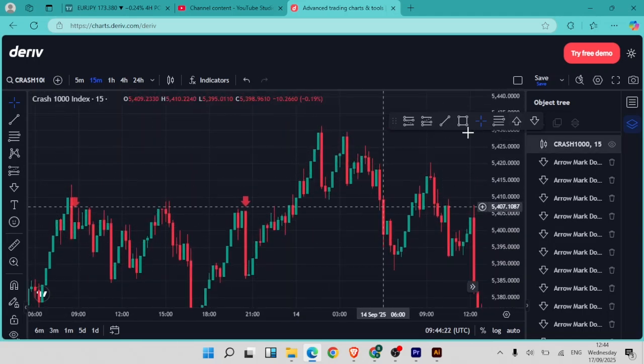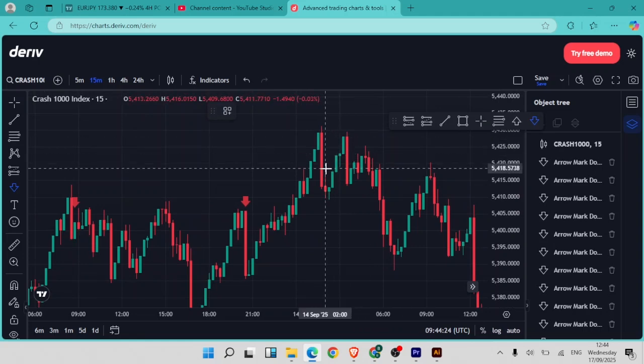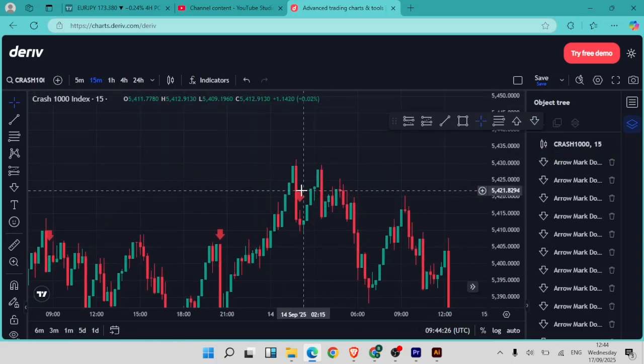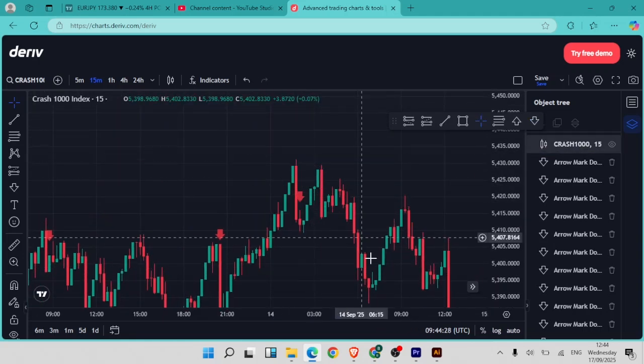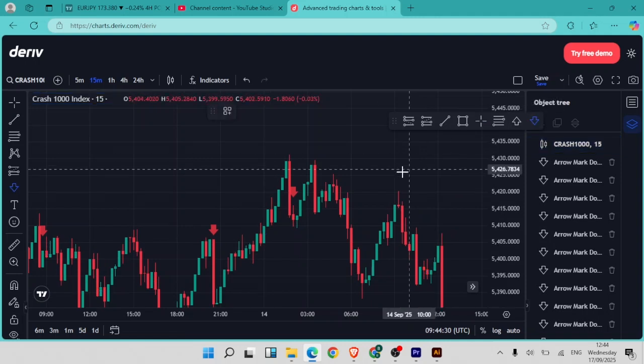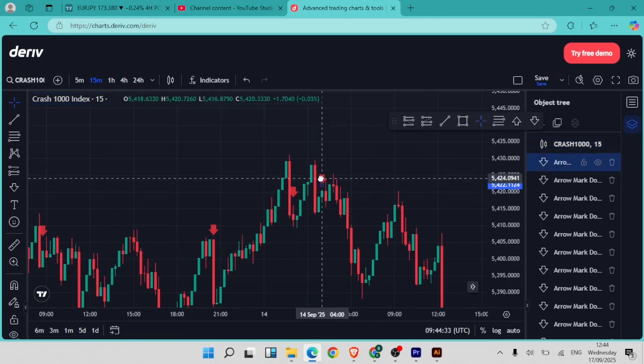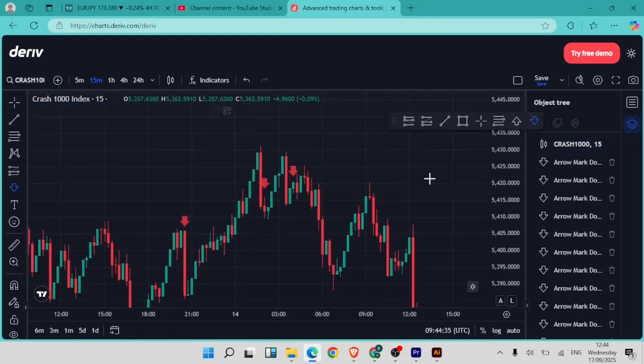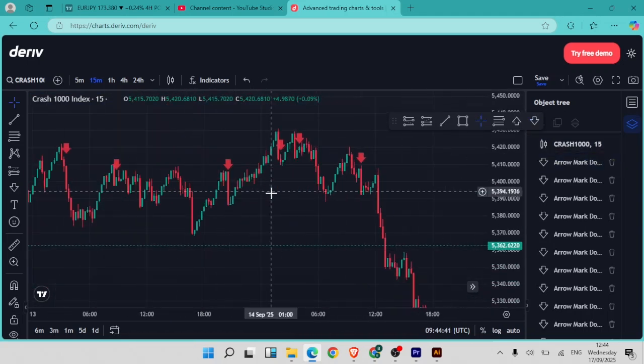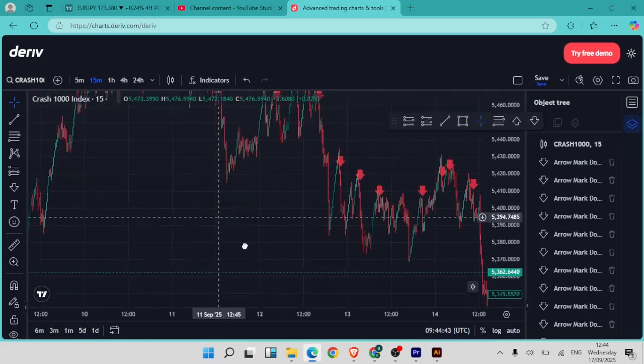But if you took all the other bearish engulfing candles and you sold, that was a good one, right? Here you sell, and it gave you several other opportunities to place more sells, right? So bearish engulfing, you sell, and that is how you can participate in trading Boom and Crash.